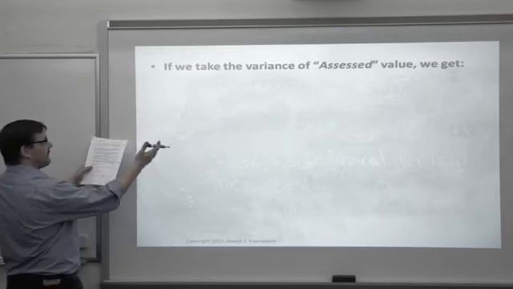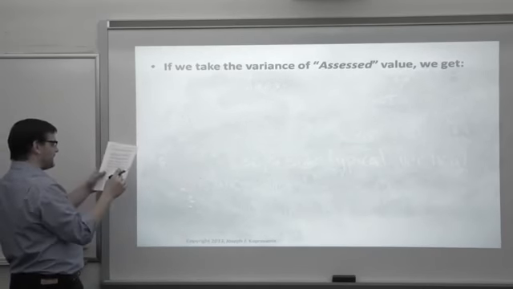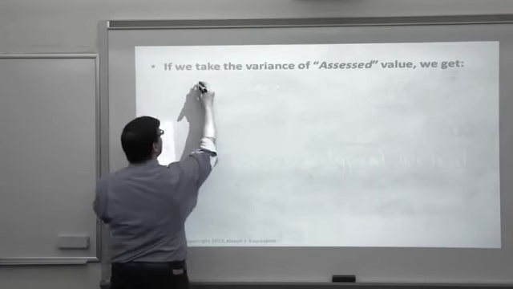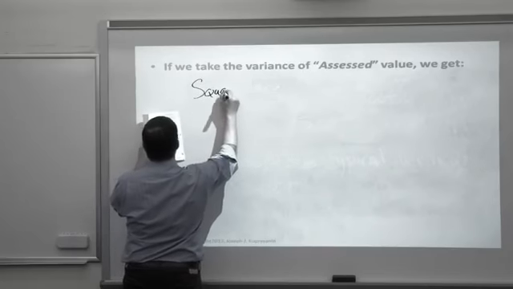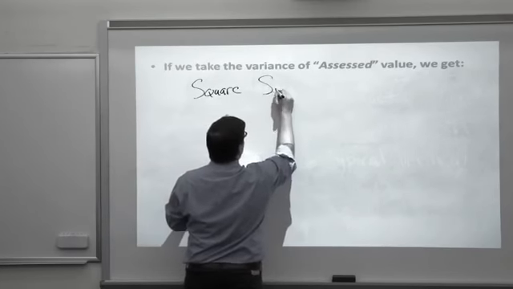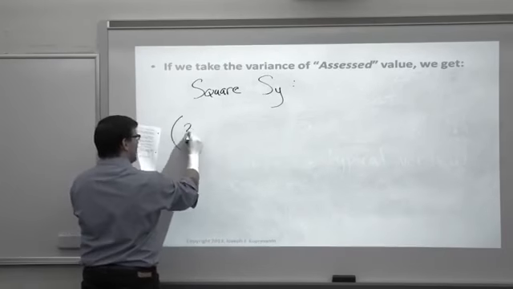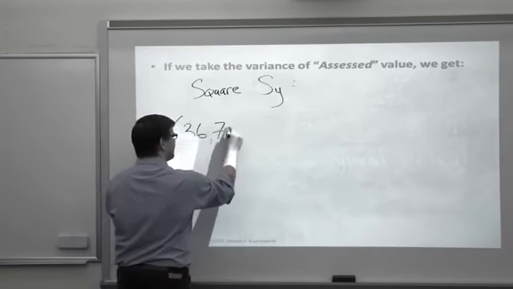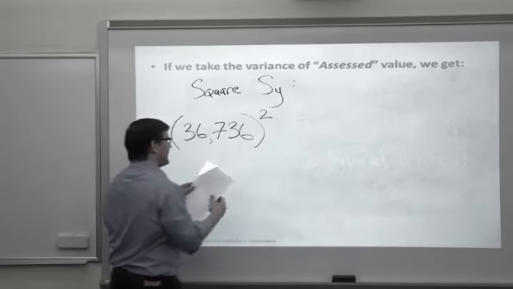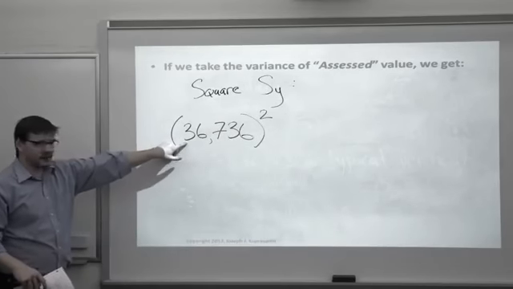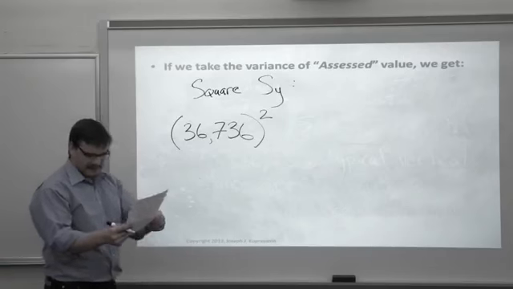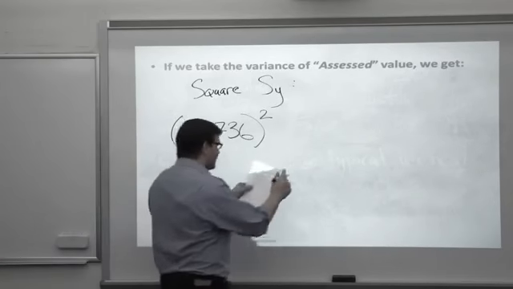Almost to the bottom of that page there. If we take the variance of assessed value, what do we get? Well, what we'll end up doing, we'll end up squaring S sub Y. And if I square S sub Y, that's the 36,736 number, and that gets squared, becomes a really big number. I'm going to give it to you. Here it is.